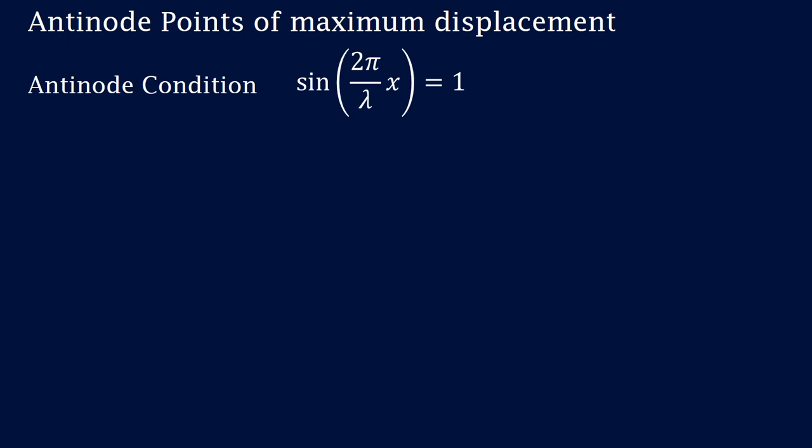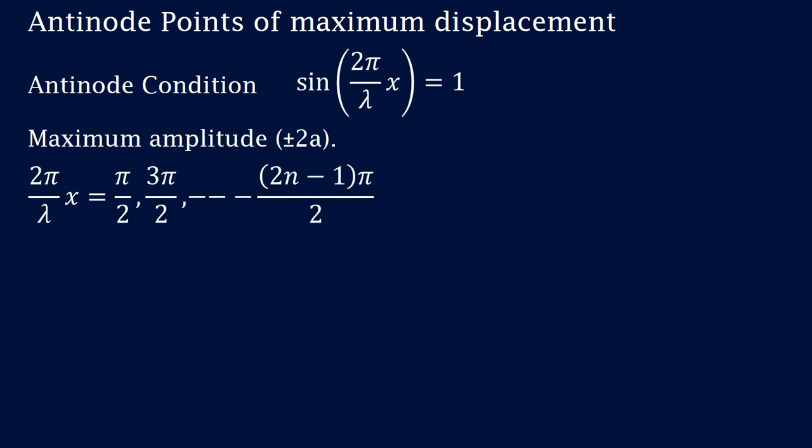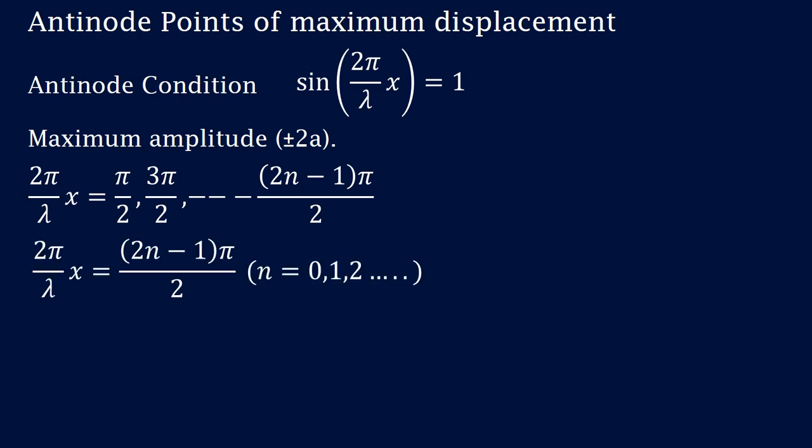Antinode. The condition for an antinode is that if sin of (2 pi upon lambda into x) is equal to 1, then maximum amplitude will be plus or minus 2a. For points of maximum displacement, 2 pi upon lambda into x should have the value pi by 2 or 3 pi by 2, etc. Therefore, we can summarize it as 2 pi upon lambda into x equal to (2n minus 1) into pi divided by 2.